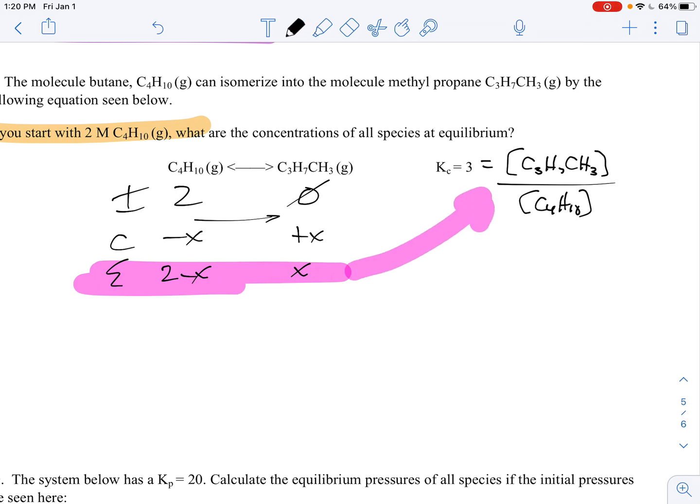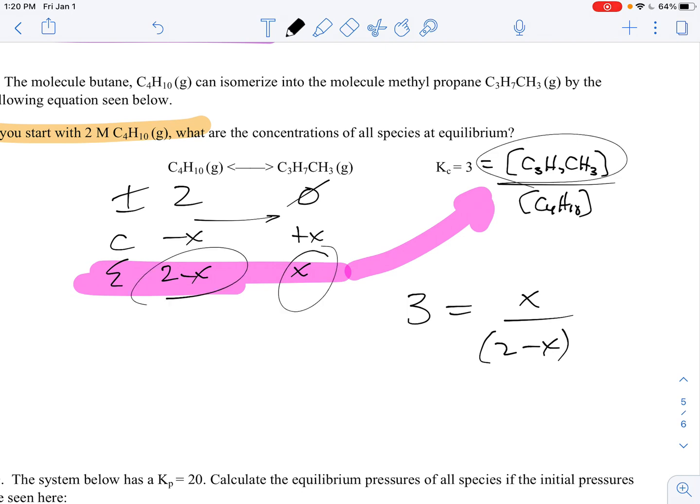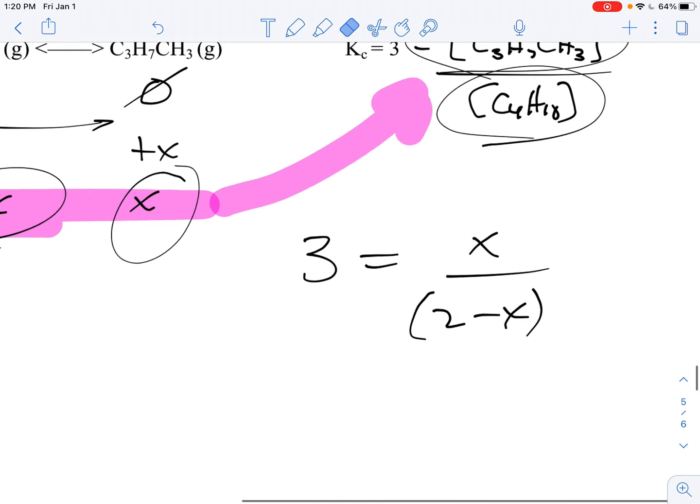Remember, the equilibrium conditions are what can be plugged into this equation up here. So consequently, I'm going to end up with 3 is going to be equal to x divided by 2 minus x, because I can take the products and put them in there and the reactants and put them down there. And I now have one equation and one unknown, so it's just algebra. That's easy.